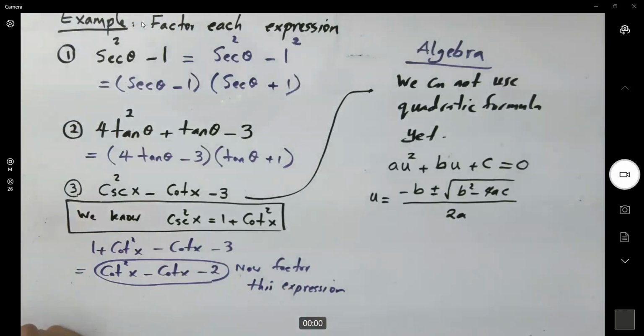So, how do I write this in factored form? I'm looking for two numbers. Their multiplication is -2 and their sum is -1.